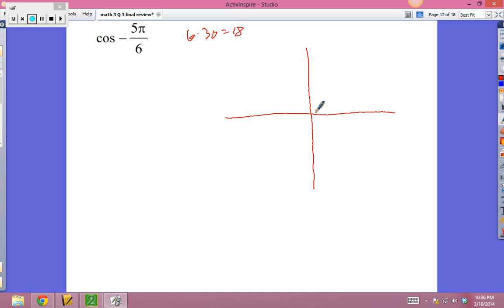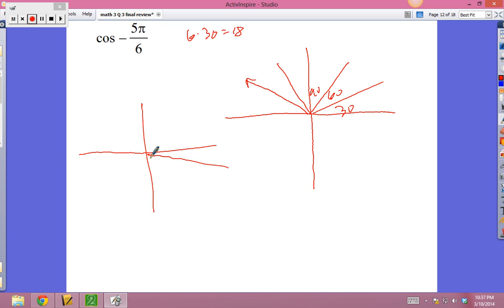So check this out. If I have 5/6, there's a 30, there's a 60, there's a 90, that's 1, 2, 3 pieces, 4 pieces, 5 pieces. This is the one I'm on right here, but I forgot it's a negative, so we gotta rotate the other way. We went the wrong way.